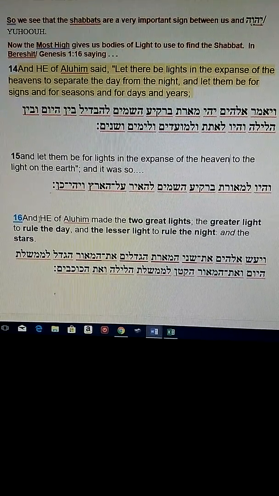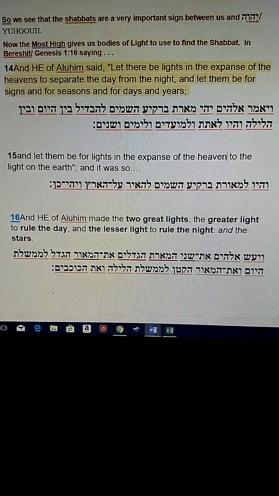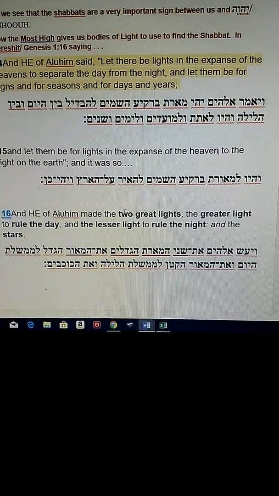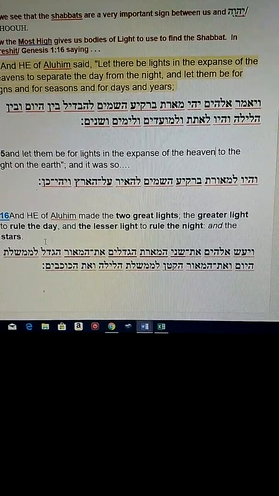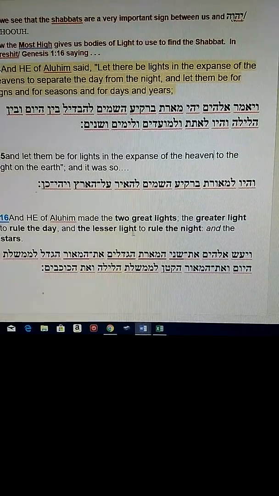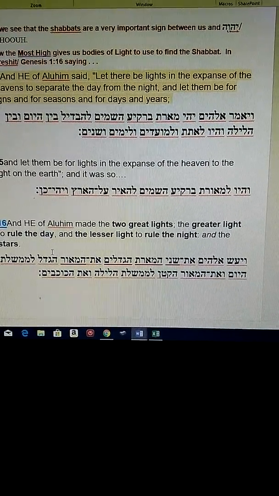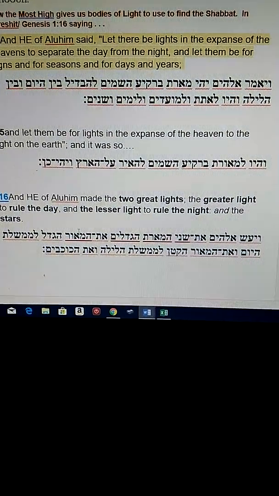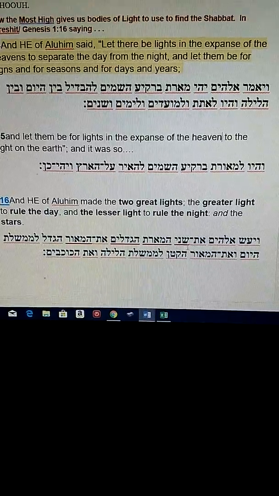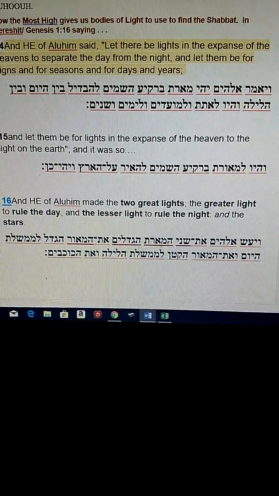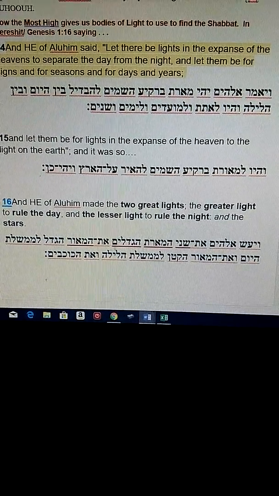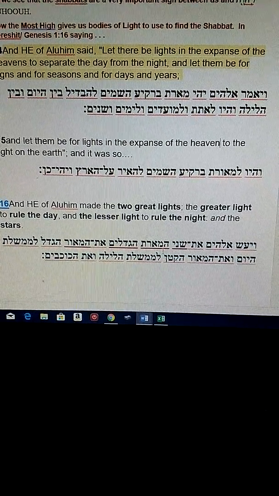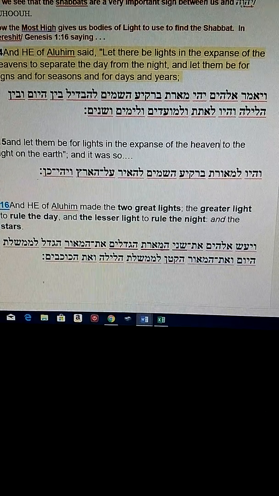If we scroll down to verse number 16 right here, it says, "And Elohim made the two great lights, the greater light to rule the day, and the lesser light to rule the night, and the stars." This is a key point, because we have the phrase shnei ha-me'orot ha-gedolim, which means the two of the great lights.